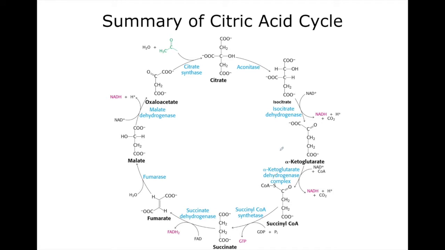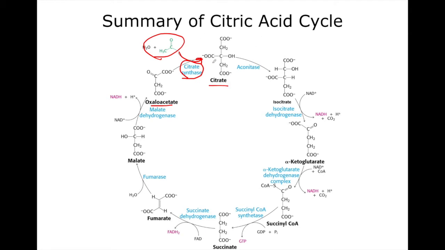So here's a general overview of the cycle. What I'd ask you to do is maybe pause the video and take a look at it. So here's where we're going to start, where our acetyl-CoA is going to come in, and our acetyl-CoA is going to combine with oxaloacetate, which we just talked about. So we're going to combine those two. The enzyme is called citrate synthase, which is going to take acetyl-CoA, the acetyl group, combine it with oxaloacetate to produce citrate, hence the citric acid cycle.